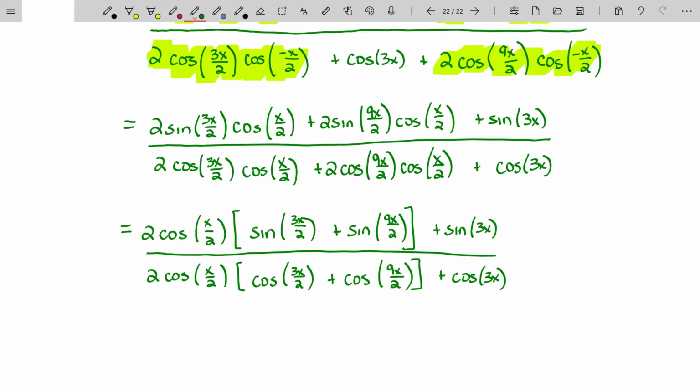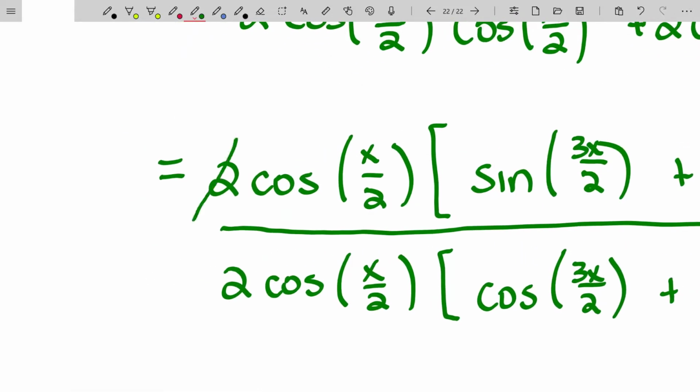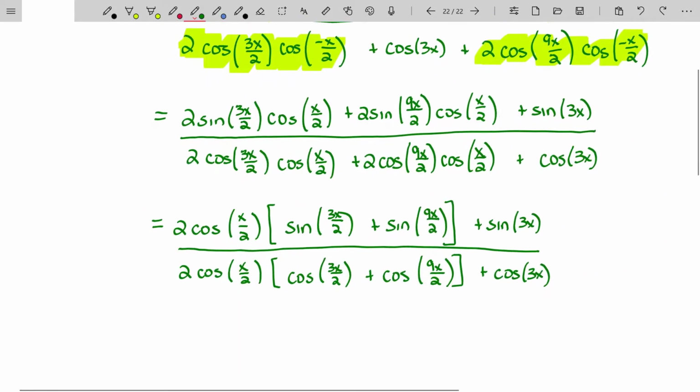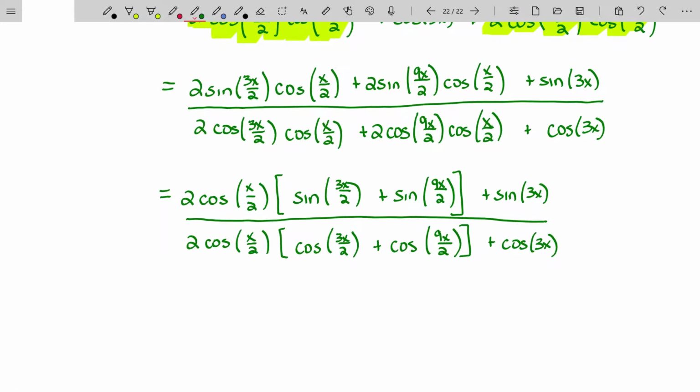I also have students that love to do this. Oh, these 2's will cancel, and so will these cosines. Nope, they will not, because factors cancel, not terms. And in that numerator, you have 2 terms. The first term, this whole thing right here, and the second term. And because you have 2 terms, if you're going to cancel anything, it has to be common to both of those terms.